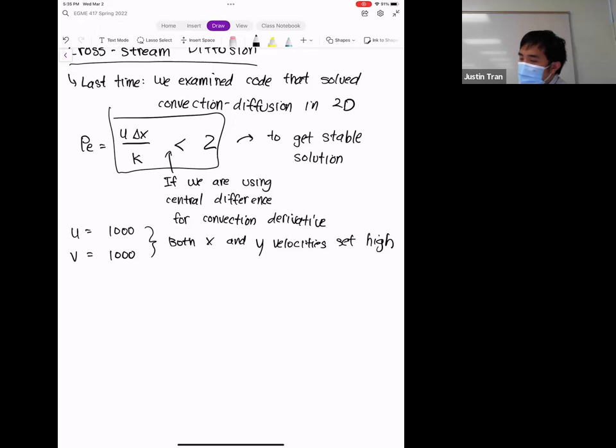We had already seen that when we set just one of these, I believe the y velocity, to 1,000, we got an unstable solution for our 2D code. So we expected that setting both to 1,000 would give a very unstable solution.